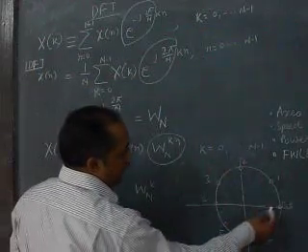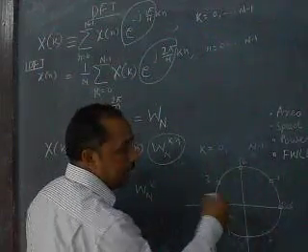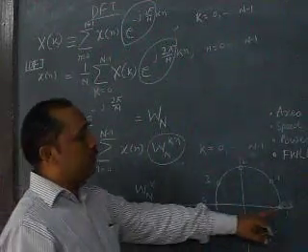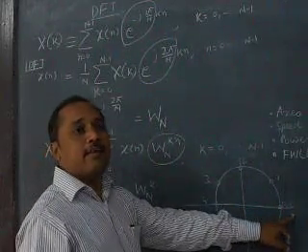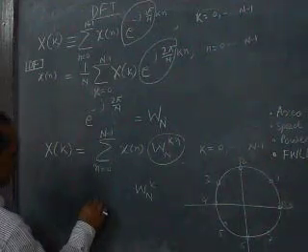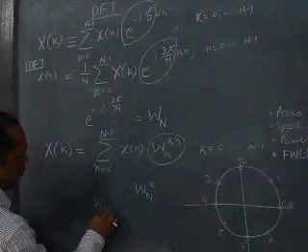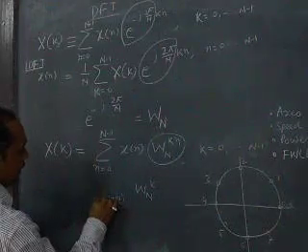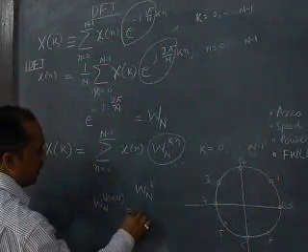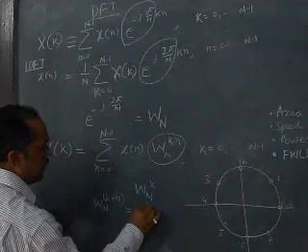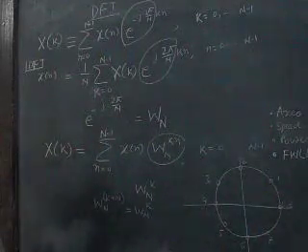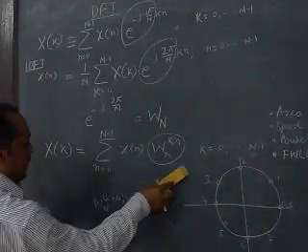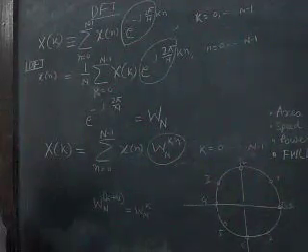If we see, we will find that W_N^k repeats itself after how many samples? 8, that is N. So we can say the first property is W_N^(k+N) is the same as W_N^k. This property is known as the periodicity, or periodic property.